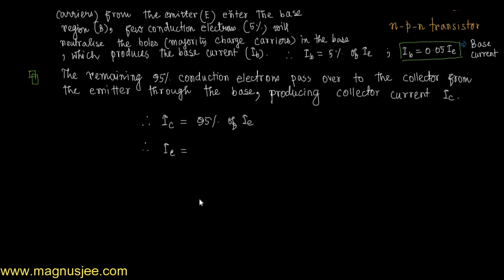That's why IC is equal to 0.95 IE. Collector current IC is numerically equal to 0.95 times emitter current IE.